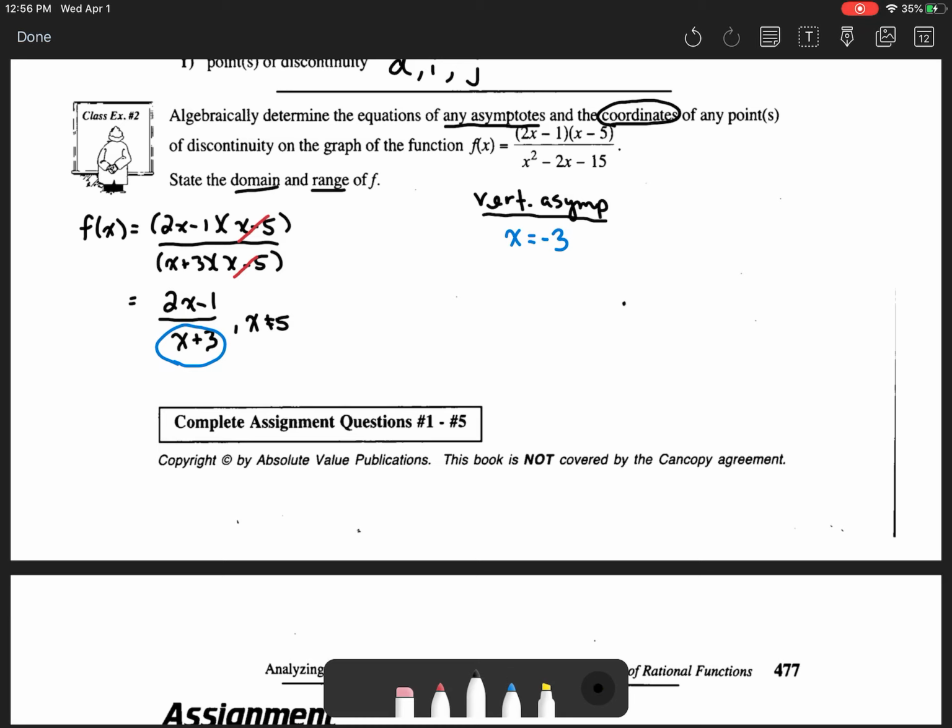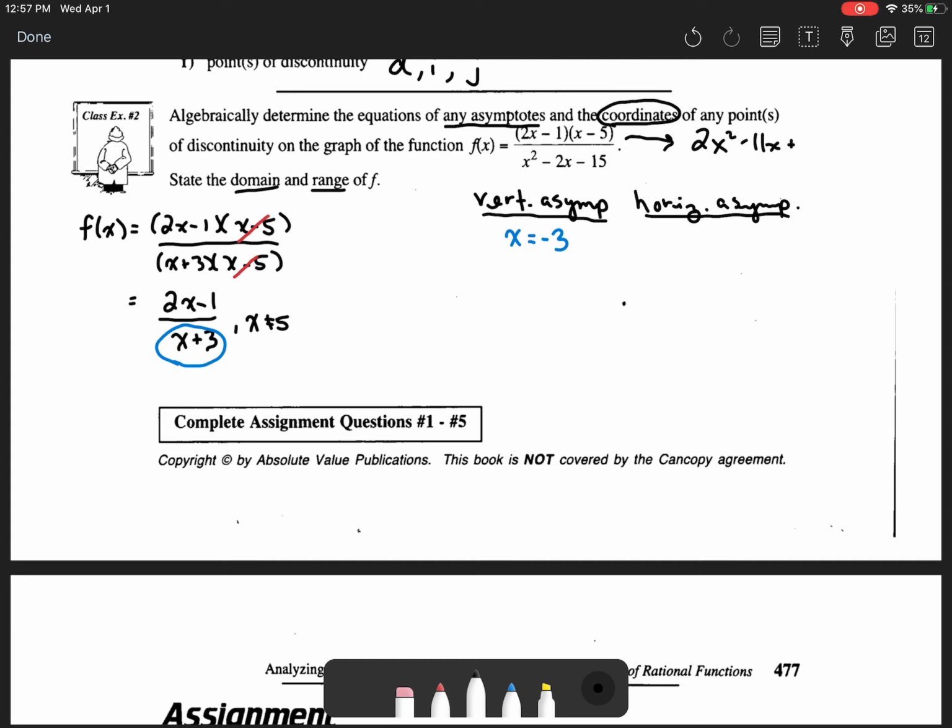The horizontal asymptote: when we talk about horizontal asymptotes, those occur when I compare the degree of the numerator and the denominator. Now, they had factored the numerator already, but when I actually expand those binomials, that numerator would be 2x squared minus 11x plus 5.